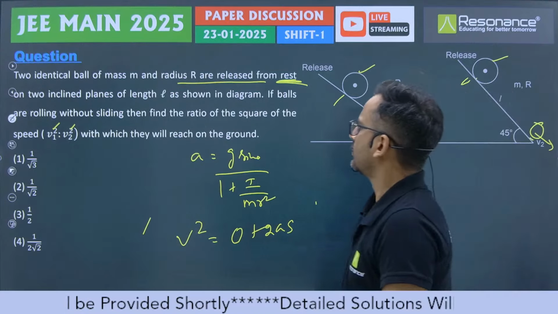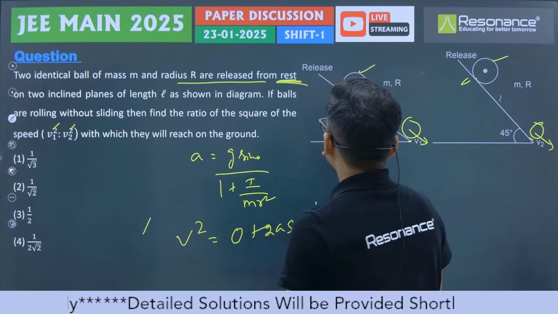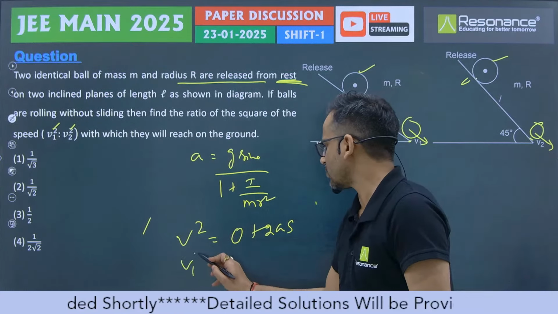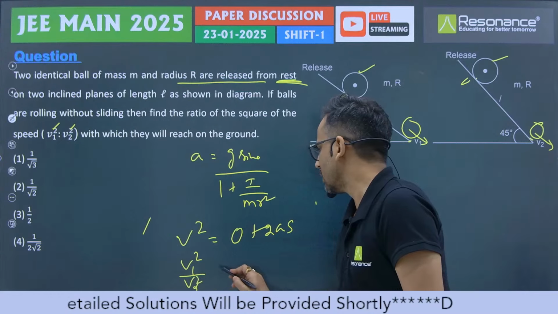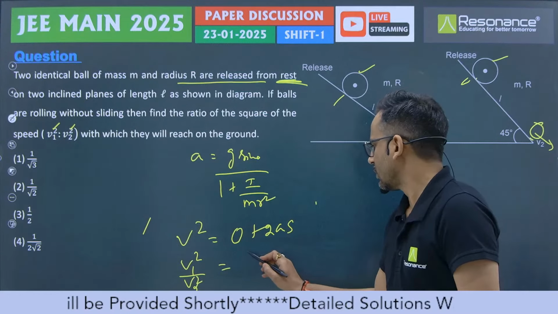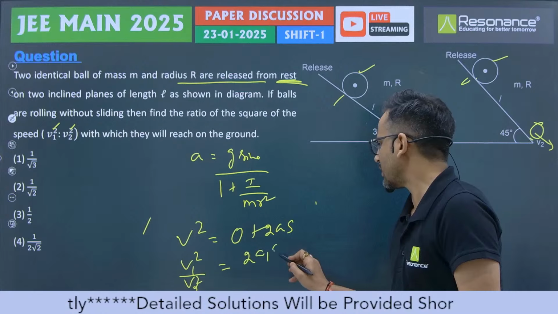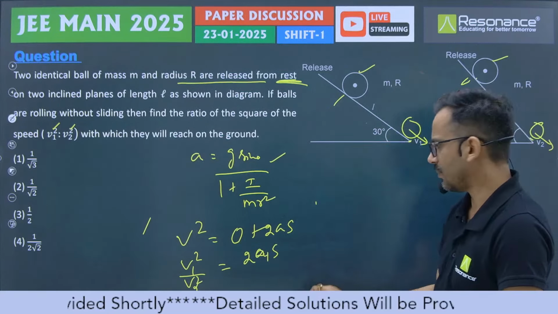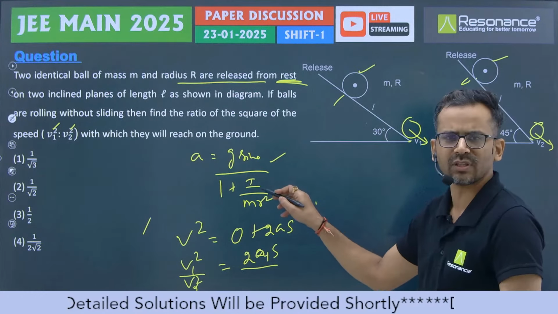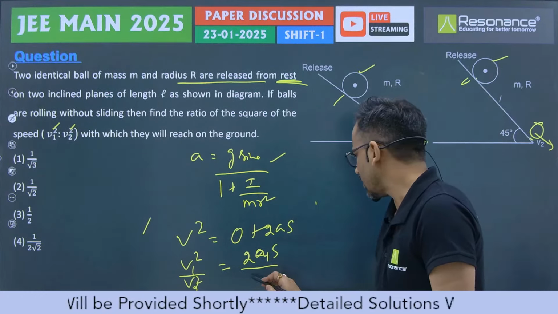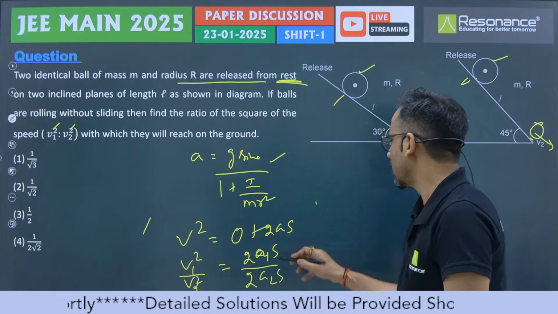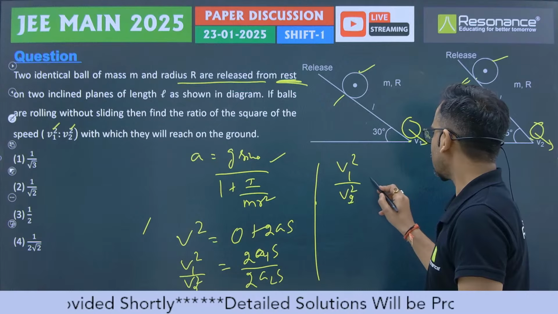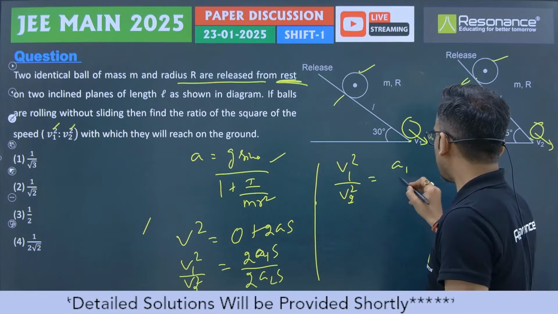Clear? So here we have to find v1 square, v2 square. When we find v1 square upon v2 square, we get 2a1s upon 2a2s. a1 will be different because theta is different. Rest of all the things are the same, but theta is different. So no need to put the values of I and all, right? So from here, v1 square upon v2 square is equal to a1 upon a2.